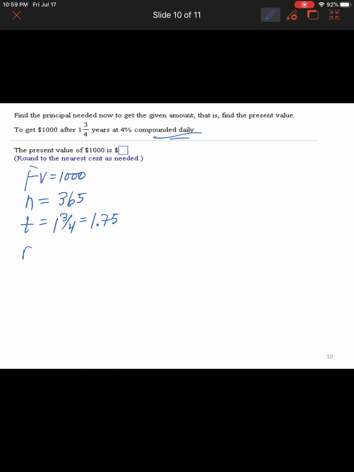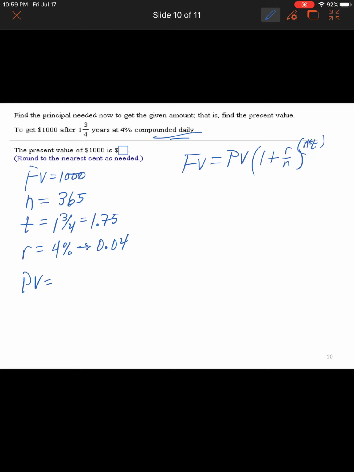And R is the interest rate, which is 4%, the same thing as 0.04. We're trying to find out what the present value is. So recall that the formula is future value equals present value times 1 plus R over n raised to the n times t. That is the formula.